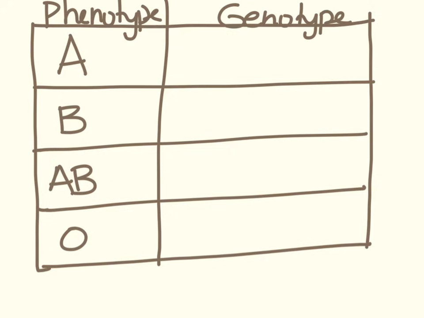The type A person could have 1 copy of the A gene and a second copy of the A gene, and that person will display type A blood. Or they may have 1 copy of the A gene and another copy of what we call the O gene. The O gene is recessive to the A. The A's together, though, will just make A blood.